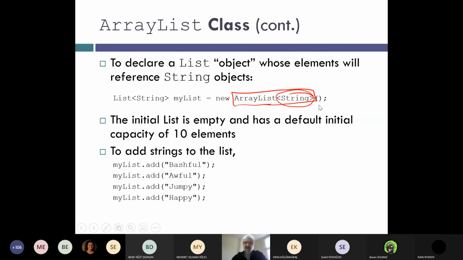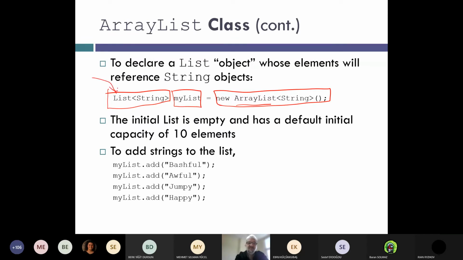For example, here we create an ArrayList of strings and store it in a variable of type List of strings. As you all know, this is the interface type, this is the concrete class type, and that's possible.